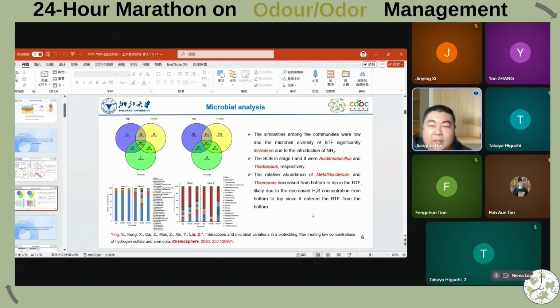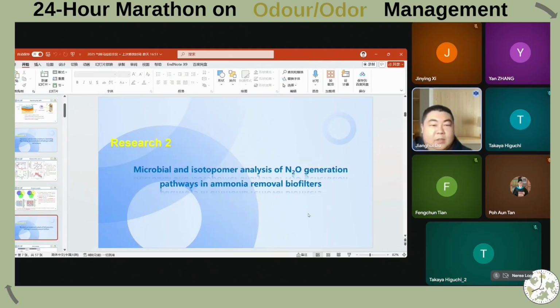Here is the microbial analysis. It shows that the similarities among the communities were low, and the microbial diversity of the BTF significantly increased due to the introduction of ammonia.